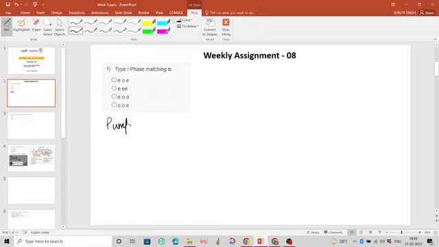So we have the different waves: the pump, the signal, the idler, and here we can write the type.